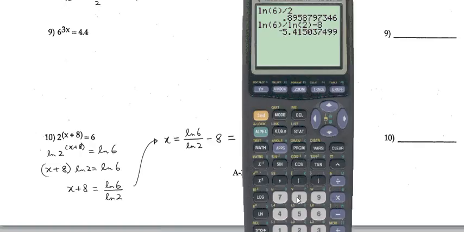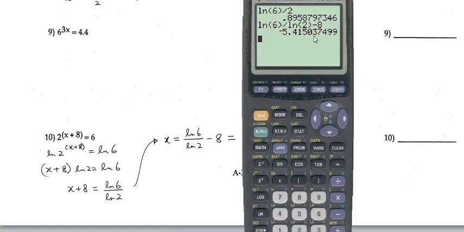Hit enter. Now be very careful. Sometimes we will need to have another parenthesis somewhere. So you have to be extremely careful, especially when you type everything in one command line in your calculator. So we round it to 4 decimal places. We actually take a look at the 5th place.